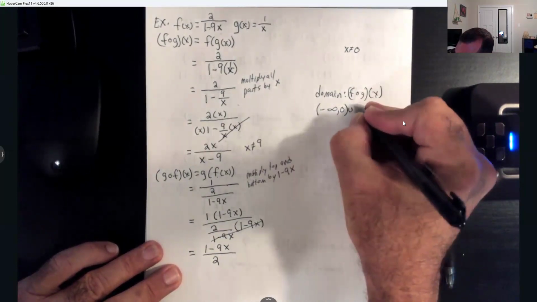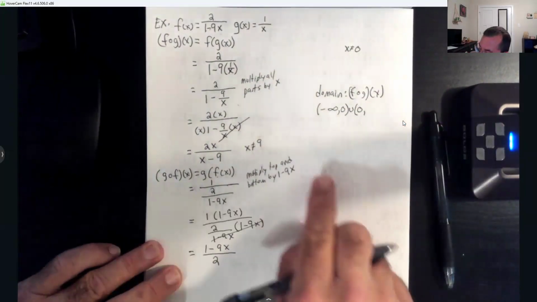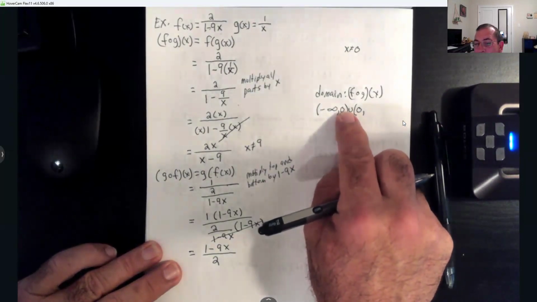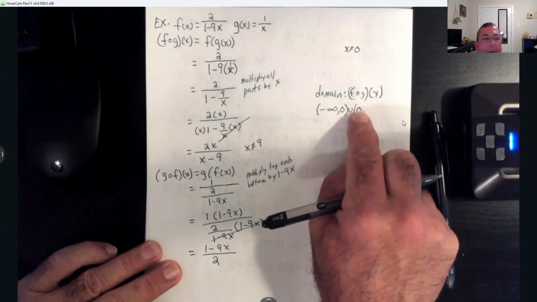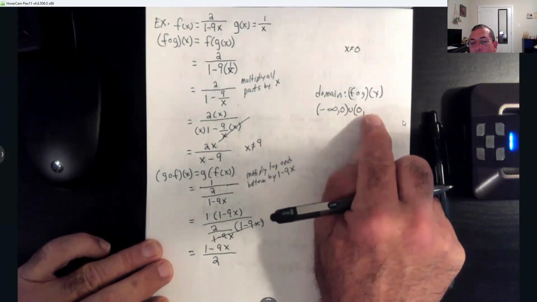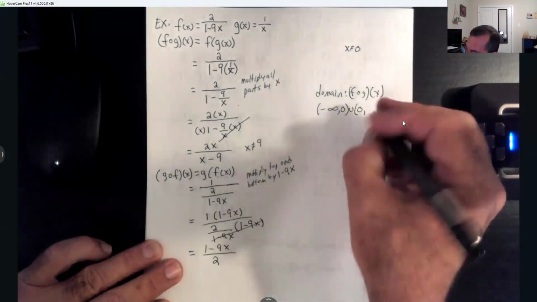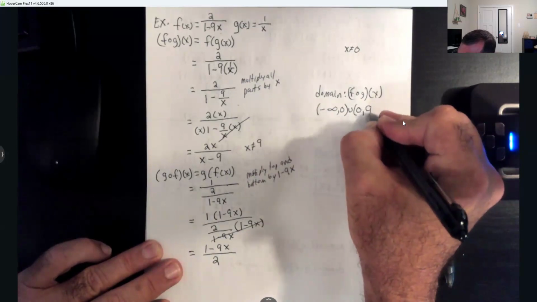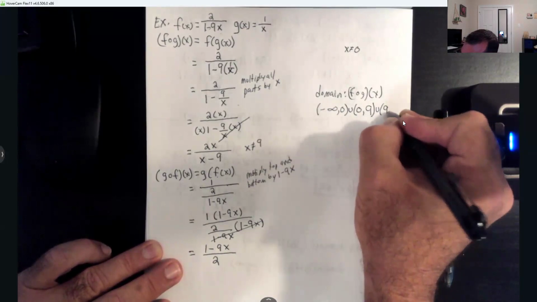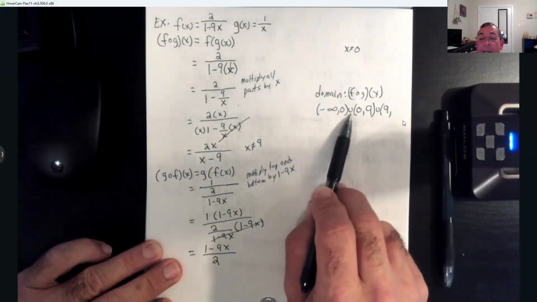So we're going to union around that 0. So notice I'm going from negative infinity. I can almost get to the zero, but I can't equal it. Now I'm going on the right side of zero. From the right side of zero, we're going through the numbers until we hit that 9. So since we can't equal 9, we're going to union around our 9. So y'all notice I got one union around a 0.